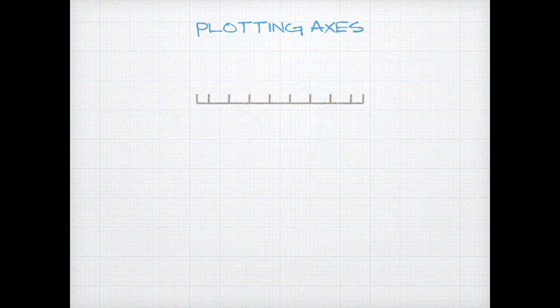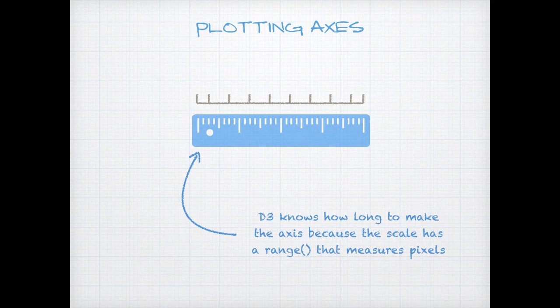When we build axes in D3, it almost seems like there's a little bit of magic happening. It almost seems like it can read our minds. But I just wanted to stop for a moment and explain exactly how D3 can build axes as intuitively as it does. So here's a typical axis, but D3 knows exactly to the pixel how long to make it, because we sent a scale to the axis, and the scale has a range.